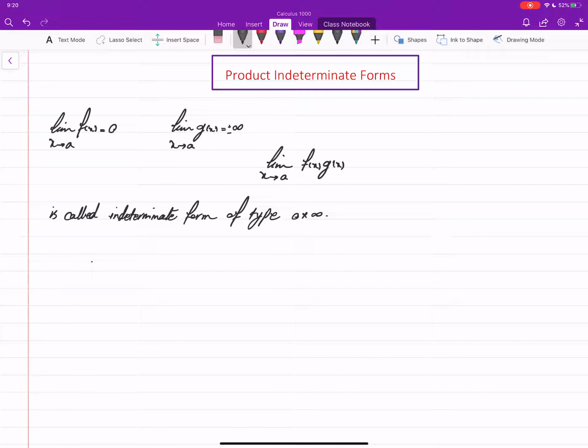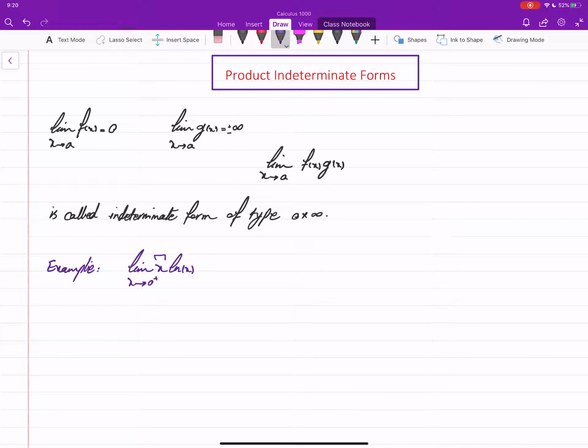These will appear very naturally everywhere. For example, the limit of x times ln x as x approaches 0 plus. You see the limit of the first function, x, as x approaches 0 is 0.